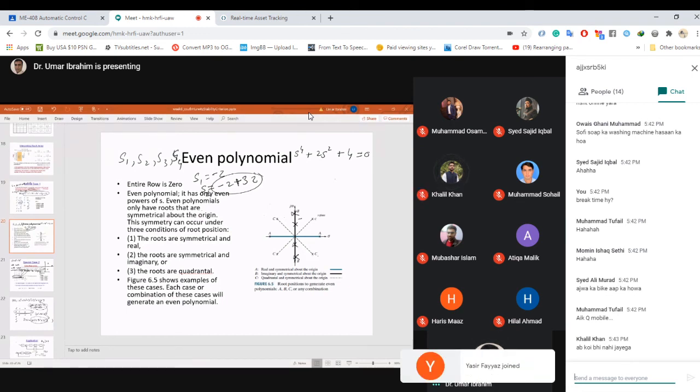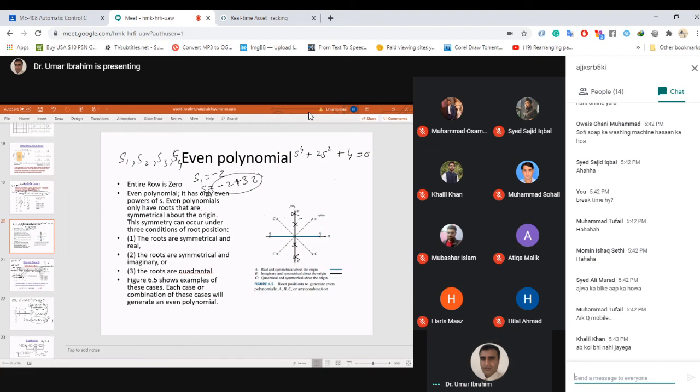Yes sir. Because in all three possibilities we satisfy all the conditions of mathematics, of algebra. Condition number 1: for an even polynomial, roots will always be mirror images across the origin. Condition number 2: a complex number can exist in the complex plane only if it has a conjugate.